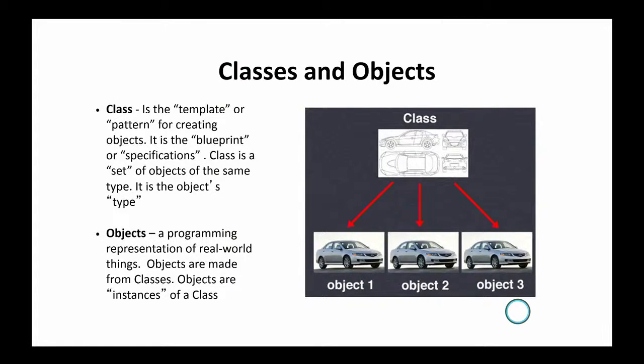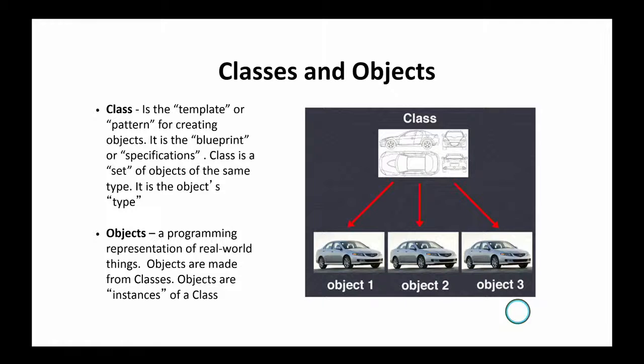Here, before I could manufacture my cars, which are the objects, I need to have some sort of blueprint or design or template or pattern in order to manufacture the cars. So before we create objects in programming, we have to have something called a class.